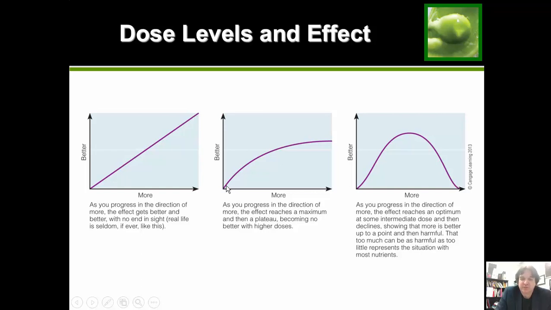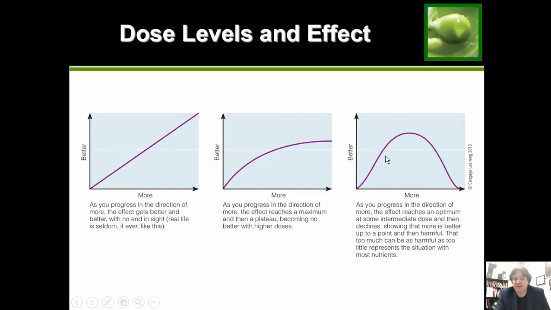Typically, as you take a vitamin, the more of it you take for a while, then that's better for you. But after a certain while, you have diminishing returns. And you might reach a plateau where no matter how much more of the vitamin you take, it doesn't have an effect.